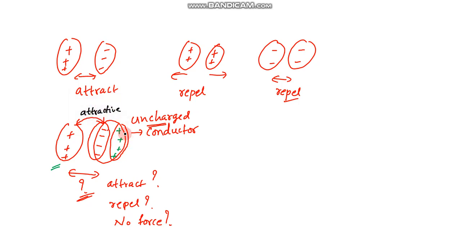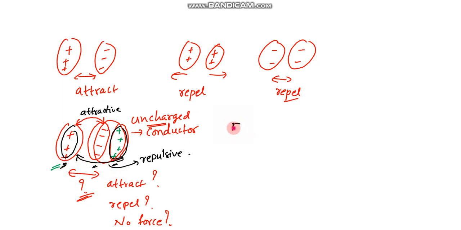Now what about the force between this positive charge and these positive charges? That will be repulsive, right? But the distance of separation between positive and negative charge is somewhat lesser compared to the distance of separation between positive and positive charges, right?